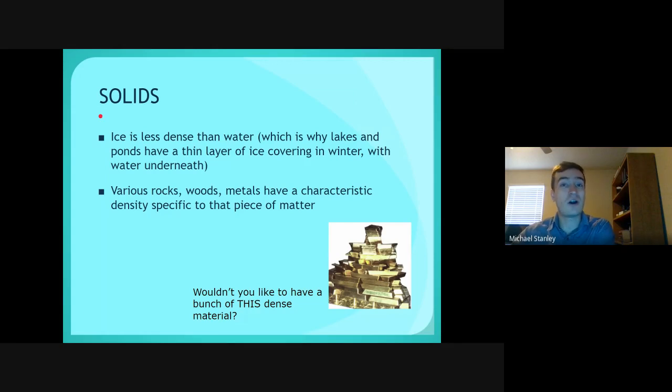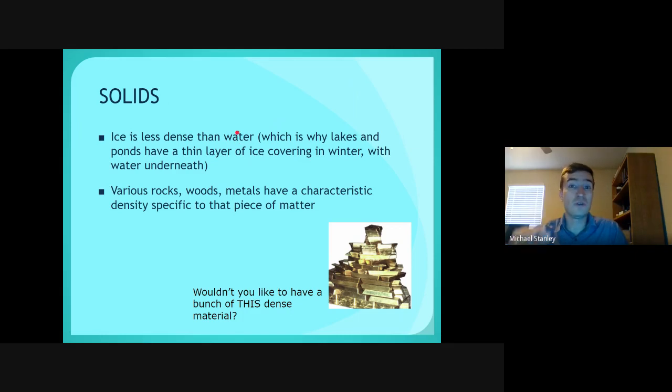Obviously, solids are more dense overall compared to things like gases and liquids for the most part. And their density tends to be specific to that matter. So each element, each compound, each different substance is going to have a different density. One of the cool things about solids is that ice, so solid water, is actually less dense than liquid water.